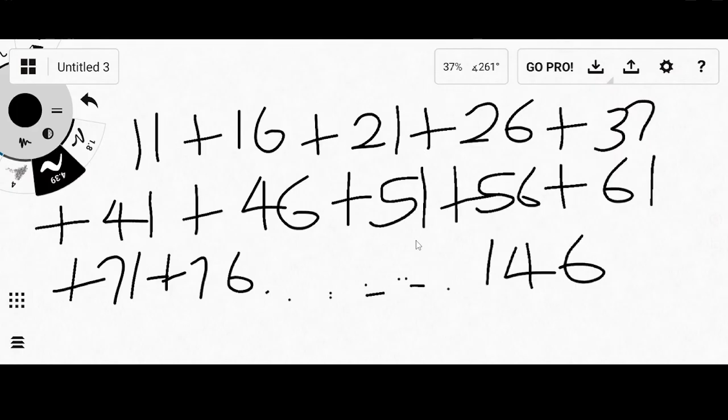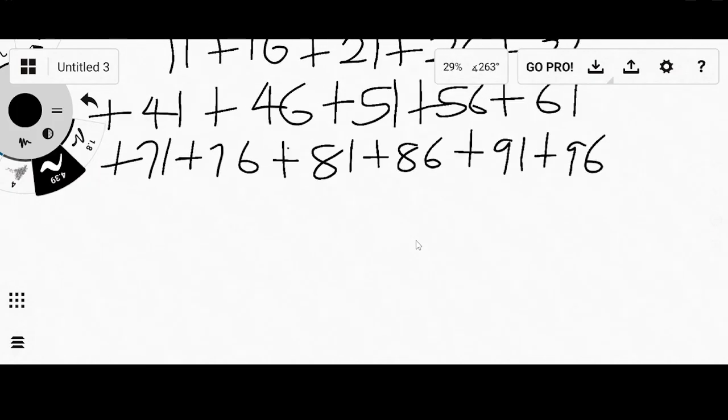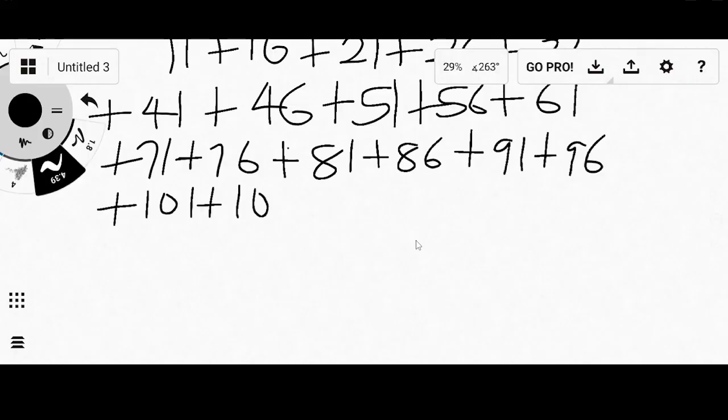Or let me just complete it. 76 plus 81 plus 86 plus 91 plus 96 plus 101 plus 106. No, 96 is not going to be there. Anyone that's divisible by 6 is not going to be there.